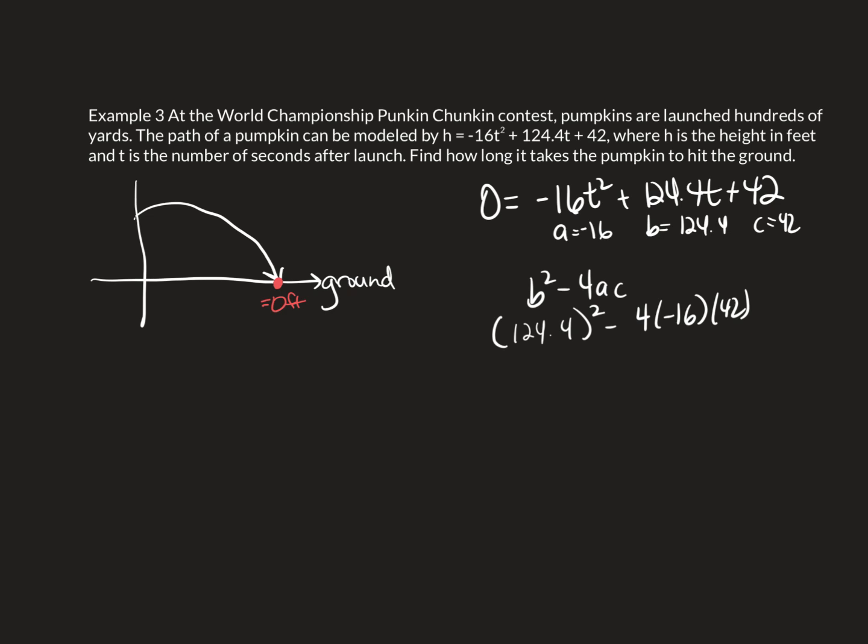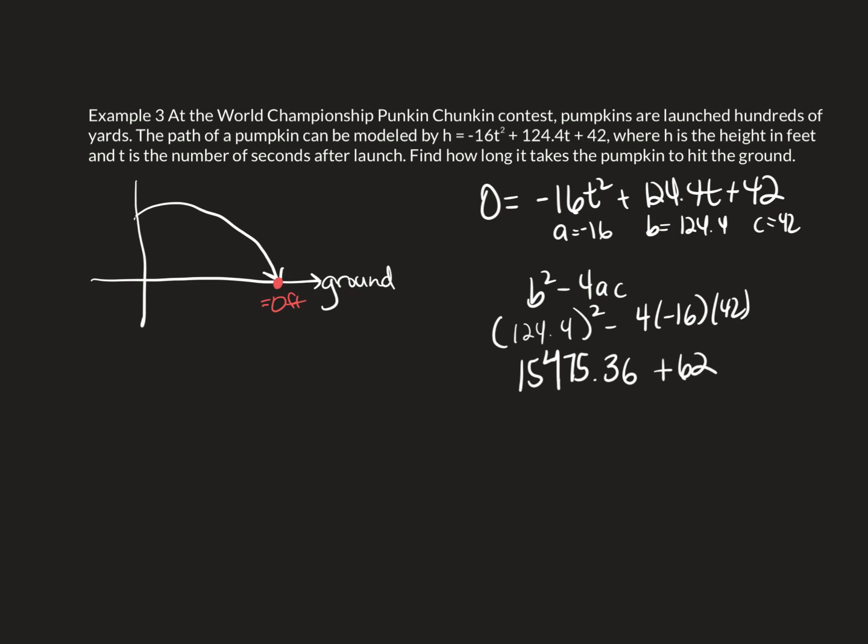So I'm going to get 15,475.36. Don't ever round until the end. And then I'm going to get plus, because a negative times a negative is a positive. So plus 62.